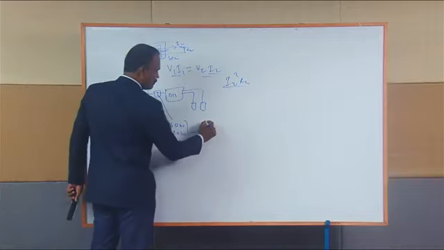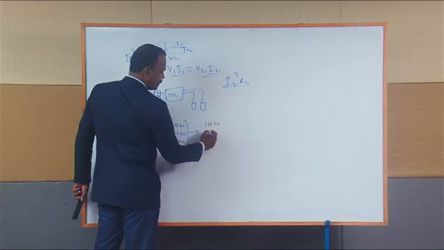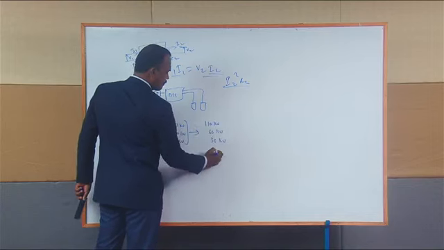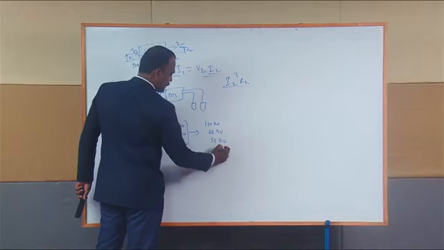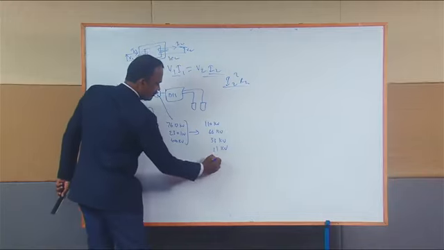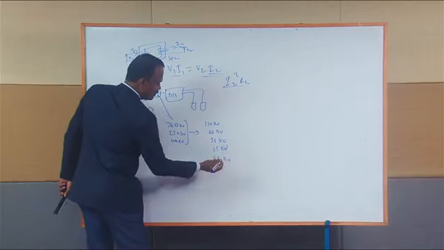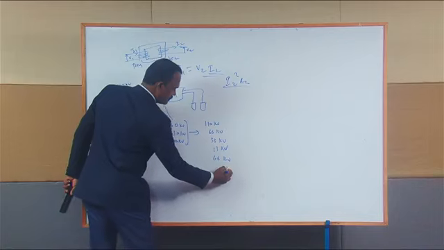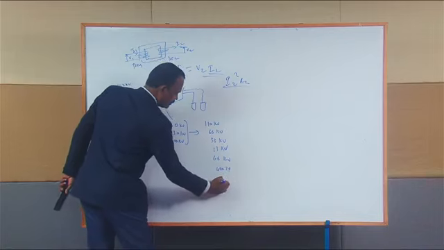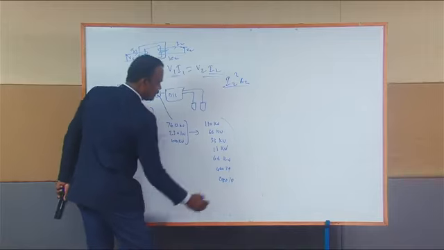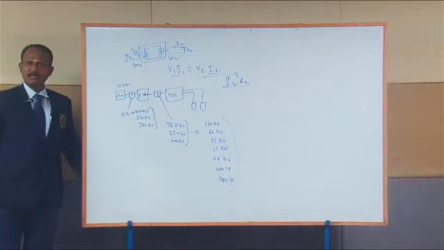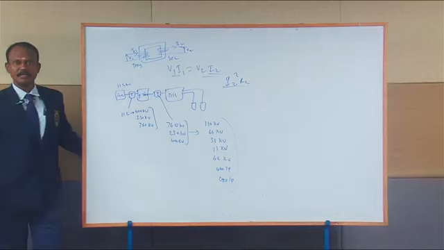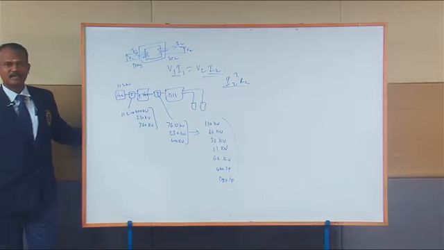These start from 110 kV, and might be 66 kV, 33 kV, 11 kV, 6.6 kV, or 440 volt 3-phase supply, then 230 volt single phase supply. So we need to step down the voltage from transmission level to distribution level, and for that also we need a transformer.